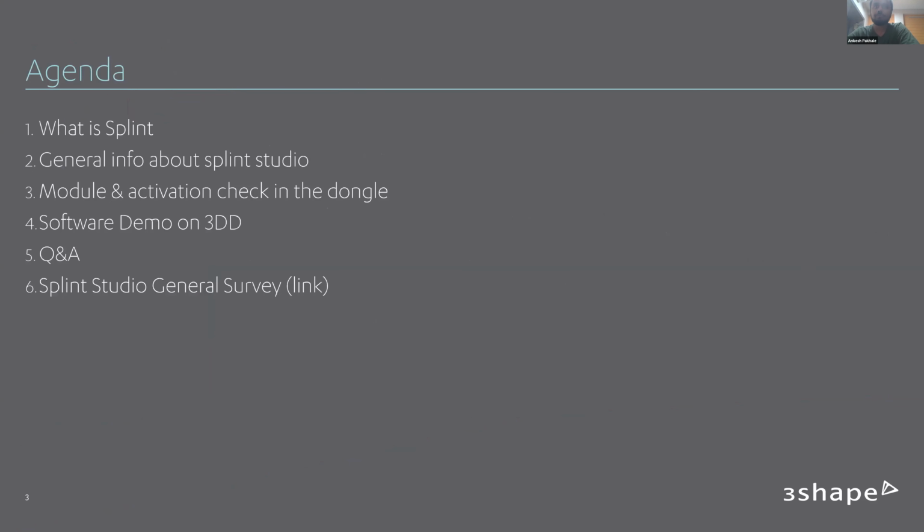What we are going to see today is what a splint is. A small brief about what splints exactly are and general info about splints. Then module activation: how you can check your dongle, what modules are built in, and how you can check whether you have the 3DD Splint Designer in your dongle. Then we are going to see a live demo case in the software, a question and answer series, and then a survey link which I'll post into the chat.